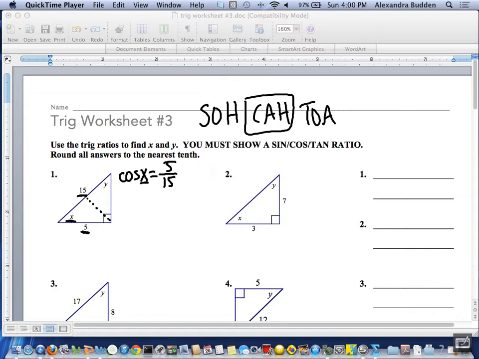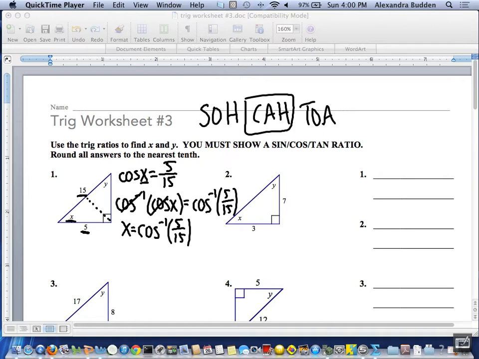The way to get rid of cosine is inverse cosine. So that looks like this, cosine to the -1. So I'm going to take the inverse cosine of both sides. When I do that, these cosines are gone, and I'm left with x is equal to the inverse cosine of 5 over 15. And this is where you're going to need your calculator.